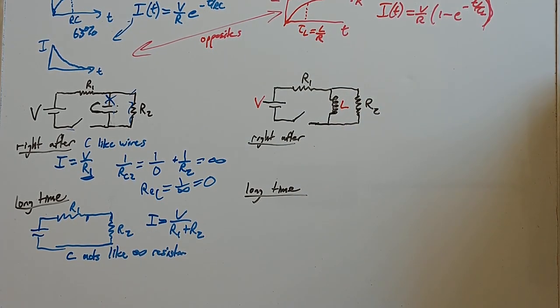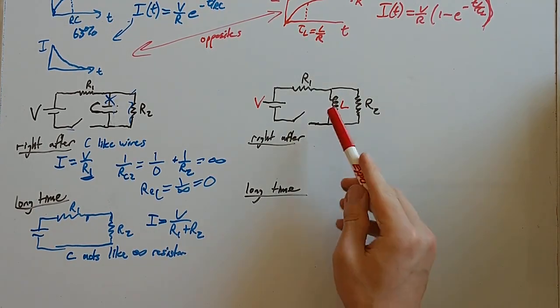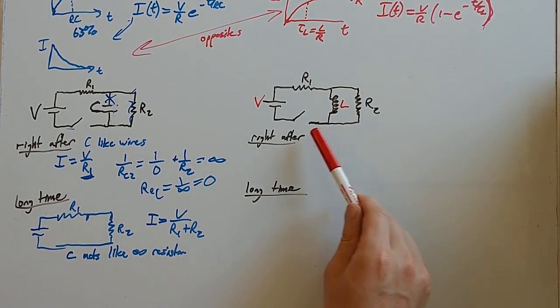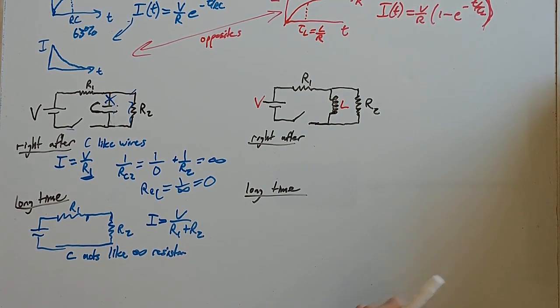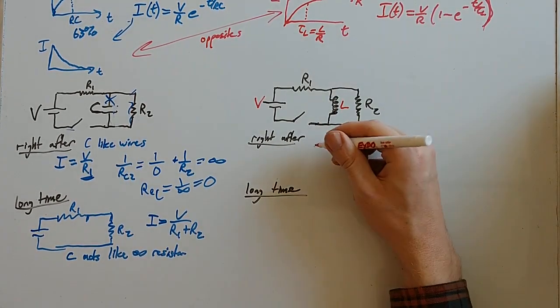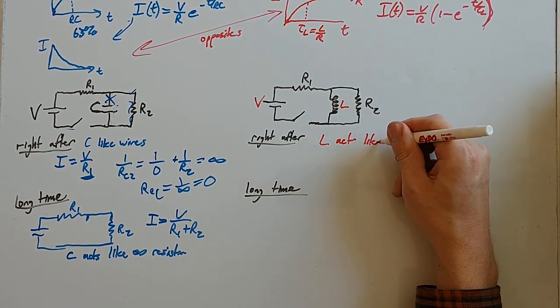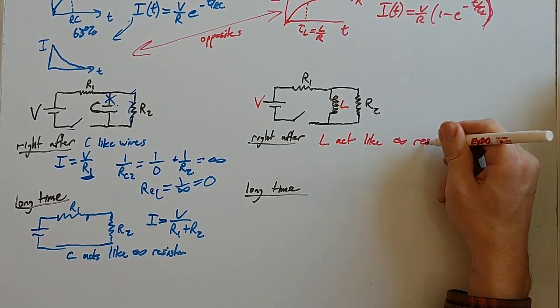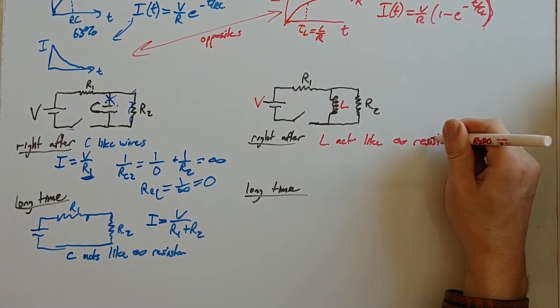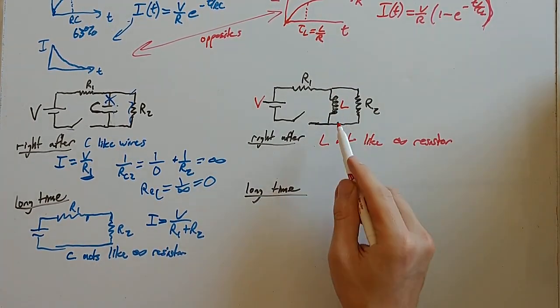Well, right after I close the switch, there's a lot of change happening. We're trying to get things ramped up. The inductor doesn't like it, so the inductor is going to act like an infinite resistor. Right after I close the switch, it says, no current's going through here.